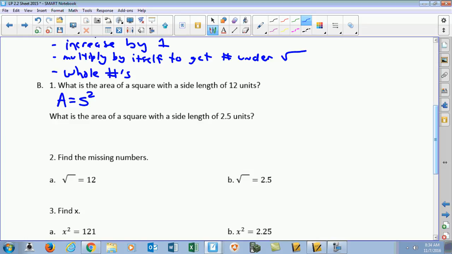You're going to multiply it times itself. You get 12 squared equals the area. And 12 squared is like saying 12 times 12. You're multiplying 12 times itself 2 times. That's what a square means, not multiplying by 2. So what's 12 times 12? 144. So the area would be 144.